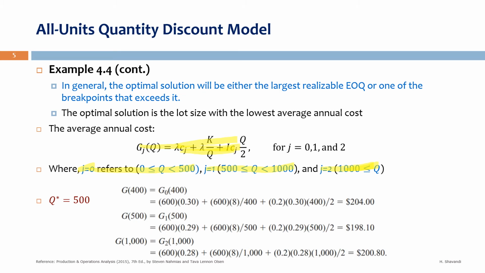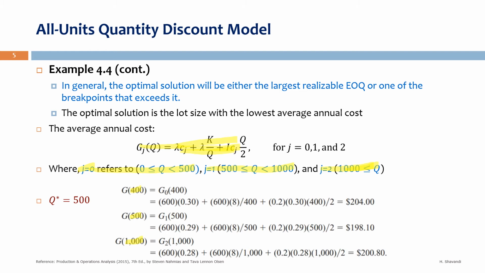So lambda times C_J, plus lambda times K over Q for the ordering cost, and I times C_J times Q over 2 for the average inventory holding cost. So we substitute Q for each interval: for the first it is 400, the second is 500, and the third is 1,000, right? And then calculate the average annual cost as you see here.